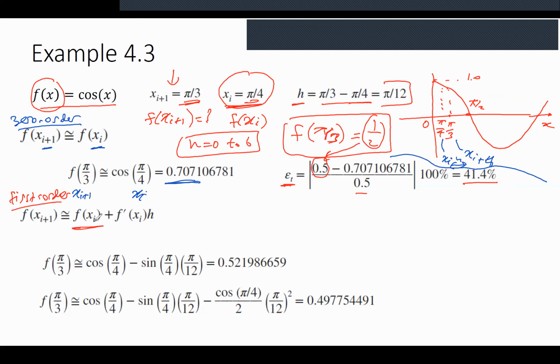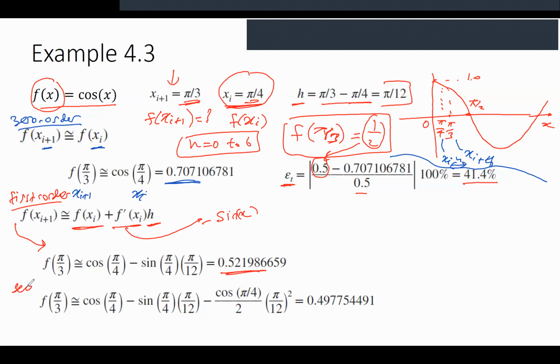Let's try the first order approximation, where we have the value of the function at x i plus the slope of the function times the step size. We can determine the slope from the derivative of cosine, which is minus sine x. And we can write down the first order approximation. We'll get this one.